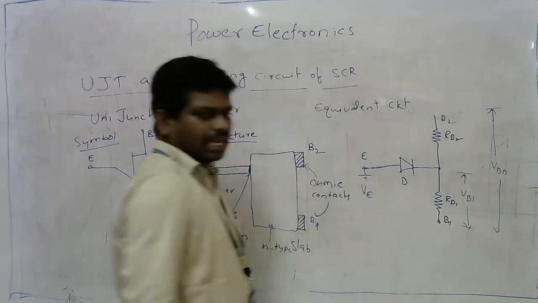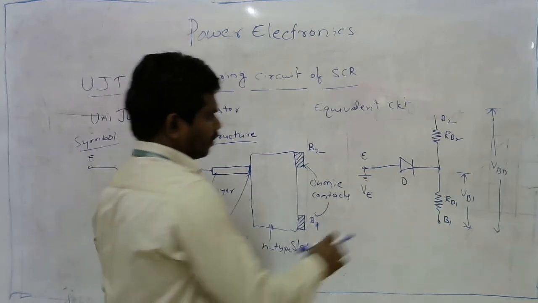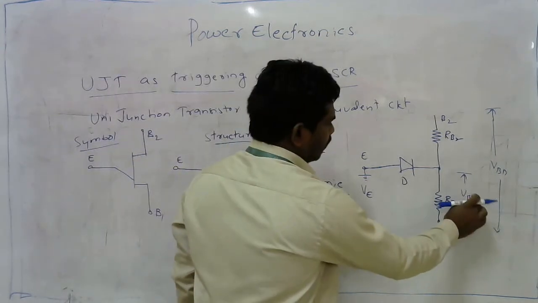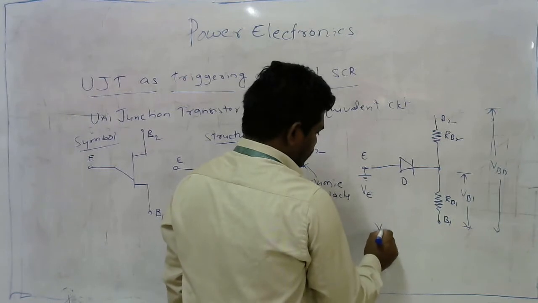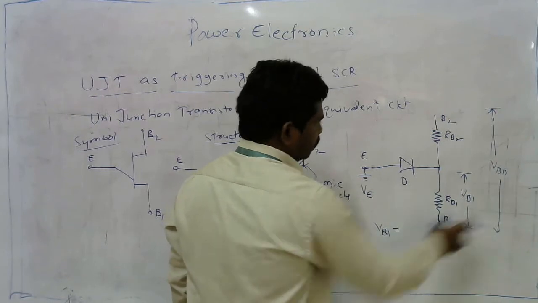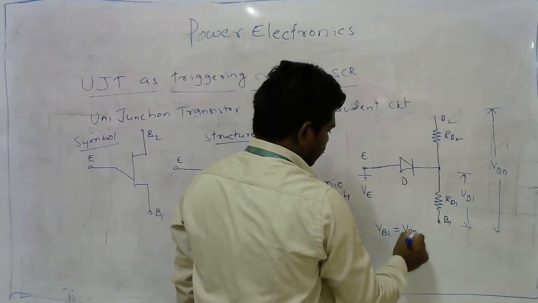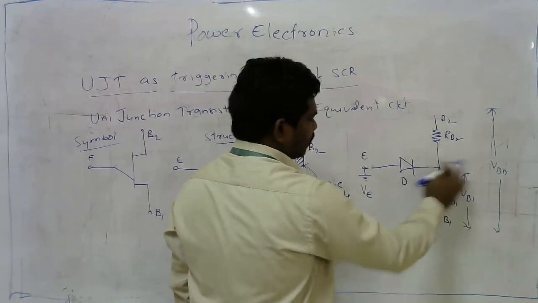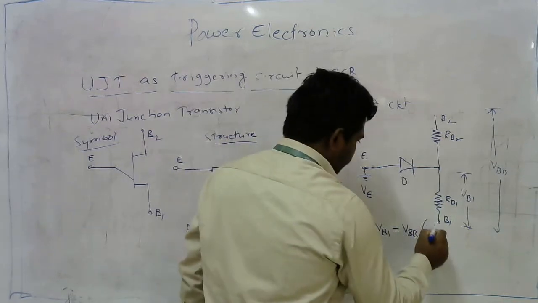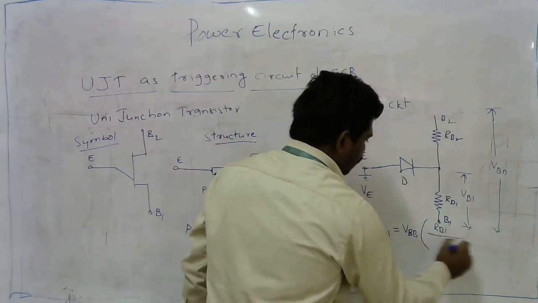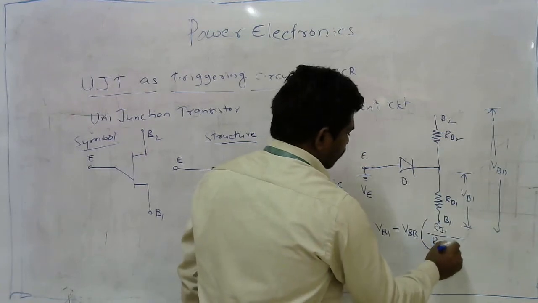Suppose we apply KVL to this circuit, and I want to find the voltage drop across this resistance. Then VB1 is equal to the total voltage VBB times RB1 upon the total resistance RB1 plus RB2.